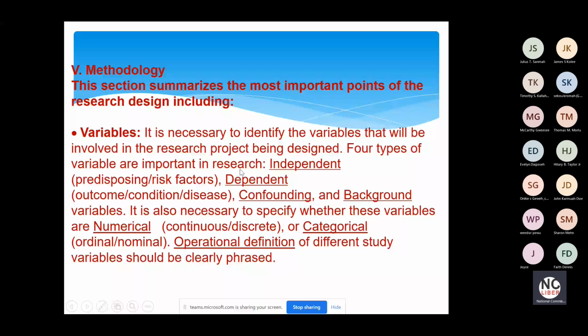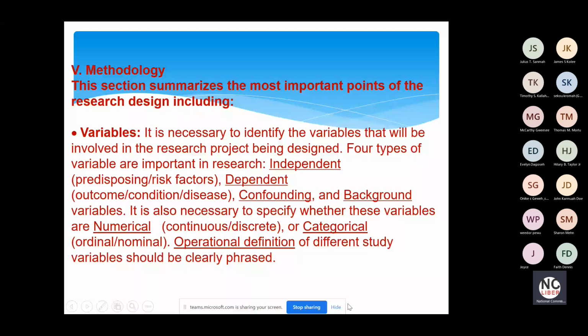We have the first two that we just looked at, the independent or the predisposing or risk factor variable, and the dependent variable, which you can also call the outcome, the condition or the disease. And then we have confounding variables, and then we have background variables.